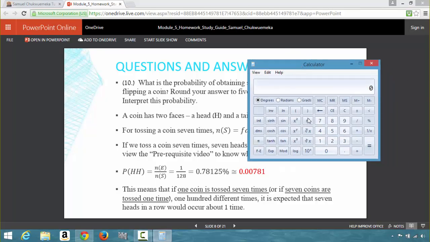This is 1 divided by 128, and you get this.